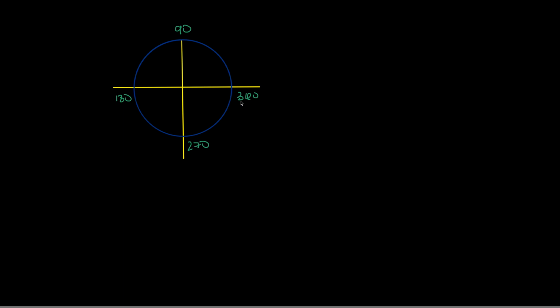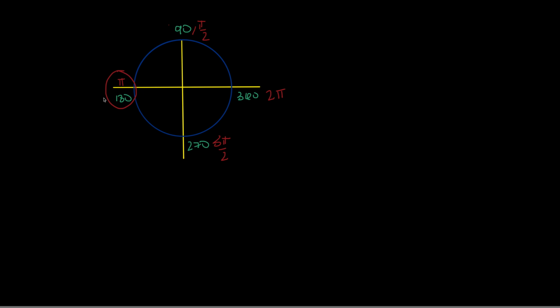Radians follow the same. Remember, this is 0. This guy on this side is pi. Half of pi would be pi over 2. This would be 3 pi over 2. And this would be 2 pi. Well, we have a nice relationship here that doesn't require any fractions or any coefficients.